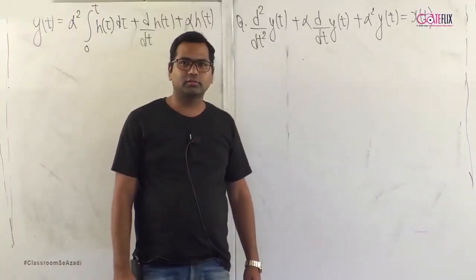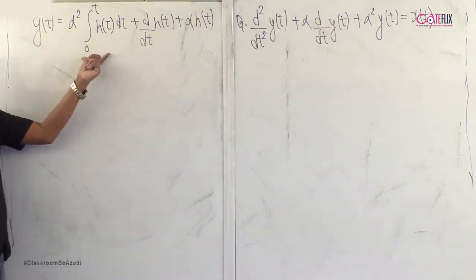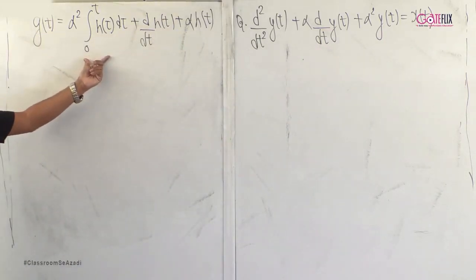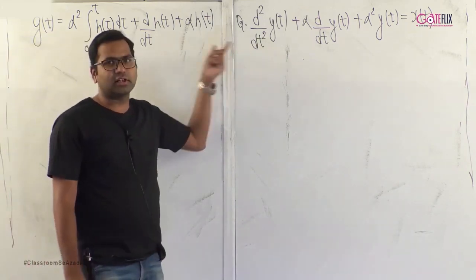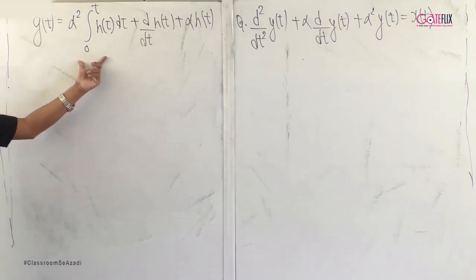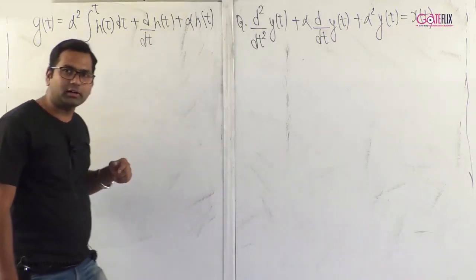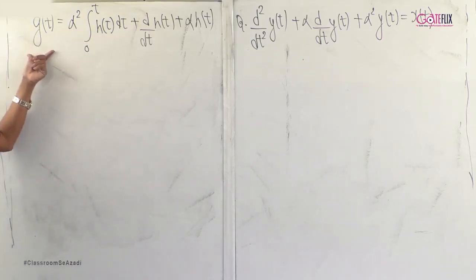In the next question, a differential equation and an integral differential equation are given to us. Therefore, two equations are given to us. One is a differential equation, other is the integral differential equation. Using these two equations, we have to find out the Laplace transform G of s.